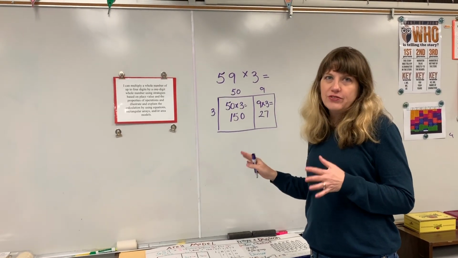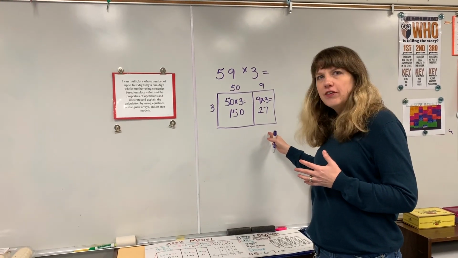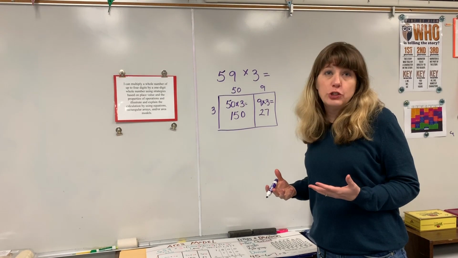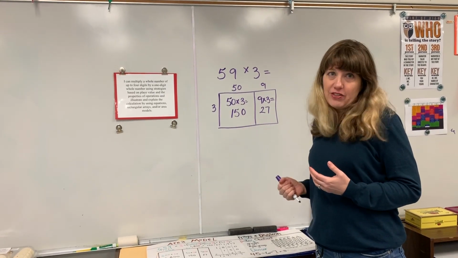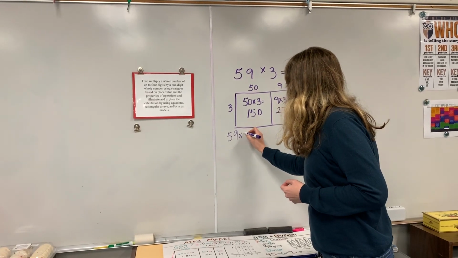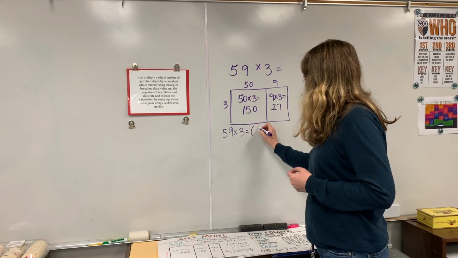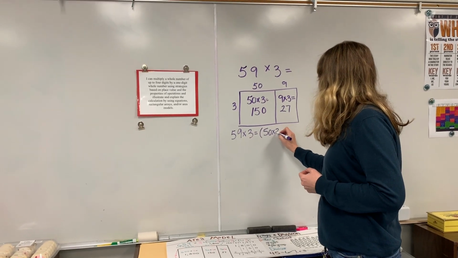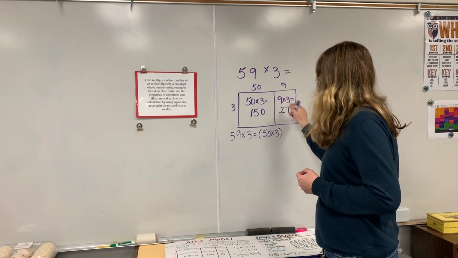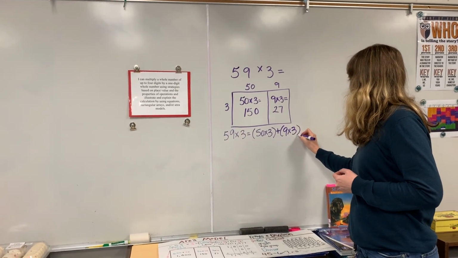Before I add these together, I teach kids to write them down underneath as sort of an explanation of how they're getting their answer. 59 times 3 is equal to 50 times 3 plus 9 times 3.